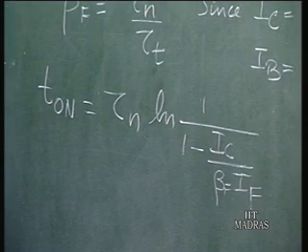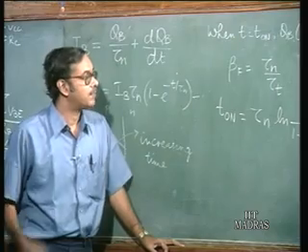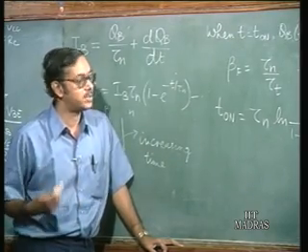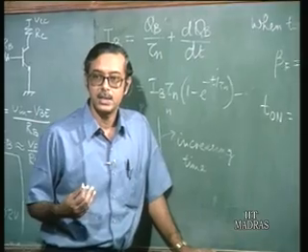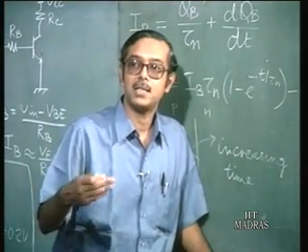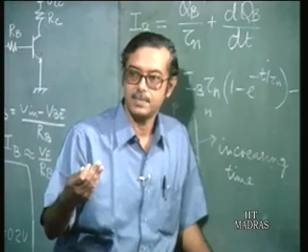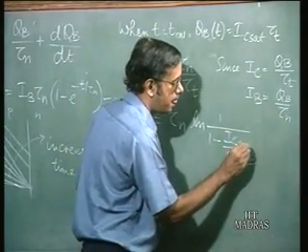Now, you can see we have seen the condition for saturation. What is the condition for saturation? That beta times IB must be greater than IC sat. Sorry, this is actually IC sat.